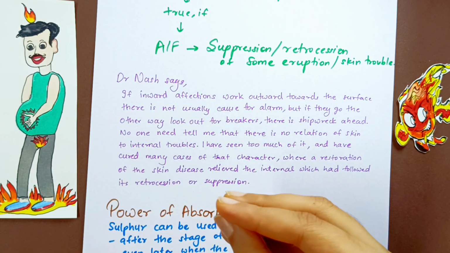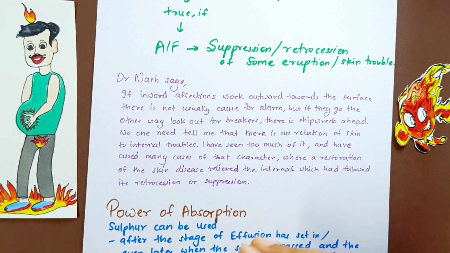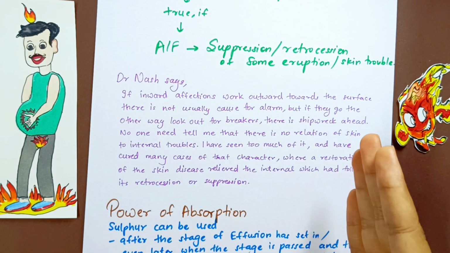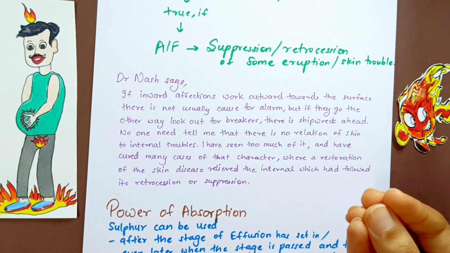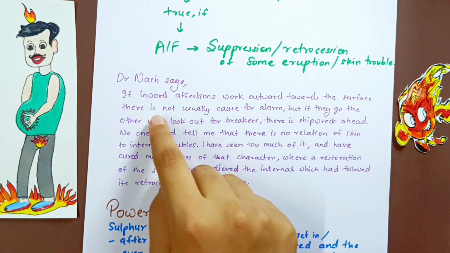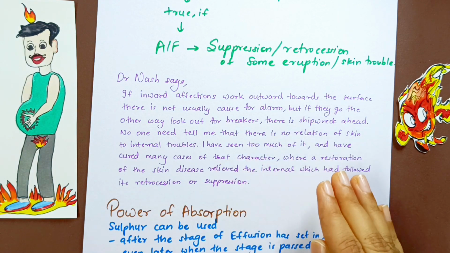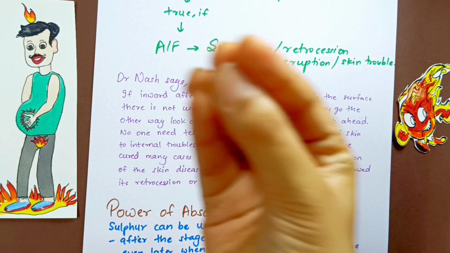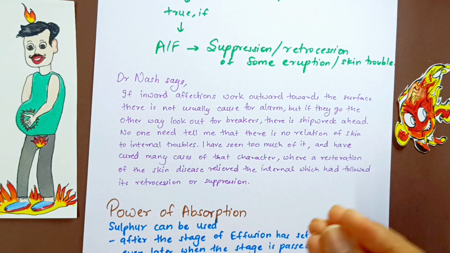So if there is some kind of disease in your vital organs, and after giving the correct homeopathic remedy the disease comes outwards, that is, it affects maybe your skin, then there is no cause for alarm, because that is how the energy inside of you is doing it. Vital force is the energy inside of you which does this.